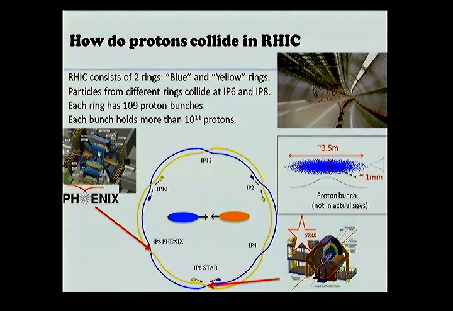At 250 GeV, the full length of the proton bunch is about 3.5 meters, and the height or the width of one proton bunch is on the order of 1 millimeter. At the collision points, IP6 and IP8, the width is about 0.5 millimeter.